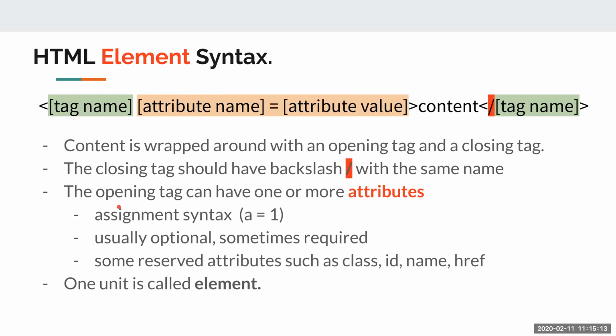The opening tag can have one or more attributes, and it uses assignment syntax where you put the name and then you put the value. Typically you can imagine that we will always use double quotation marks, or if it's a numeric value, you don't have to use double quotation marks, or it could be single quotation marks, or you don't really need quotation marks actually, but it's nice to always use double quotation marks as a habit.